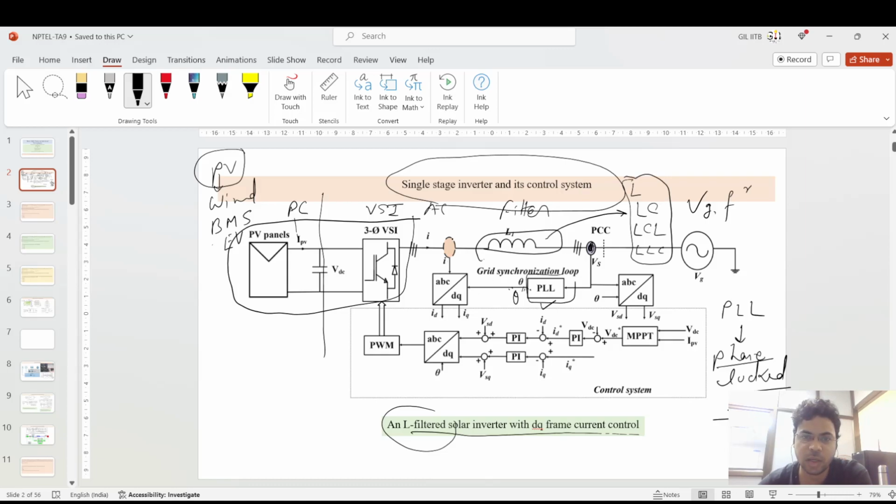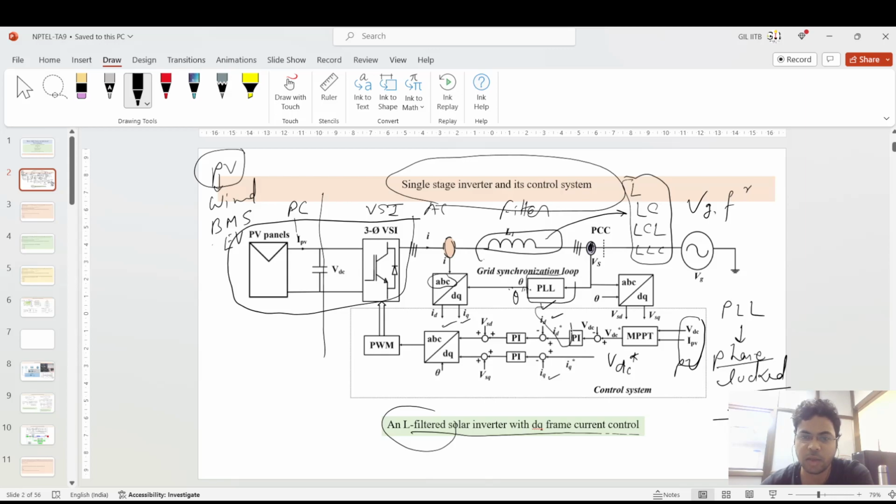After this, the current from the inverter side, the ABC current, is taken into account and converted into ID and IQ. Then ID and IQ are used in the control along with VDC and IPV from the PV plant, and MPPT is utilized for operating, getting VDC star.